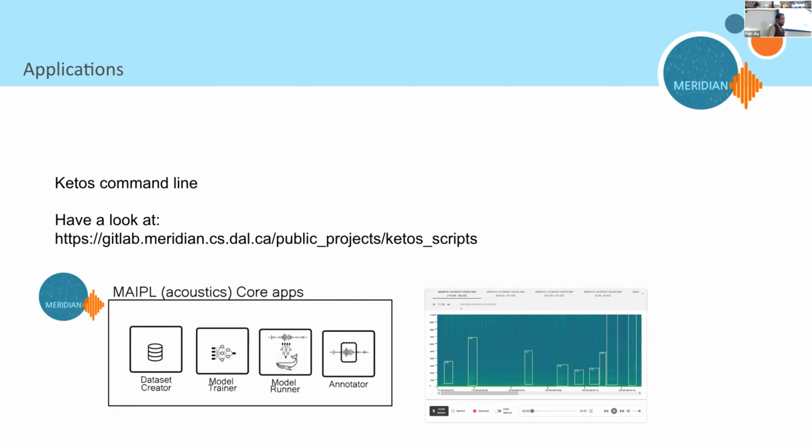The first one, and relevant to us, is the acoustic toolbox, and you'll have several tools there for creating the dataset, for training models, running the models that we did, and also for annotating and validating model outputs, which is an important part of the model life cycle, right? You want to check that the model works and that it still works as expected in new environments.